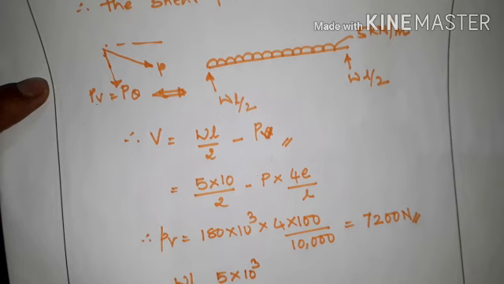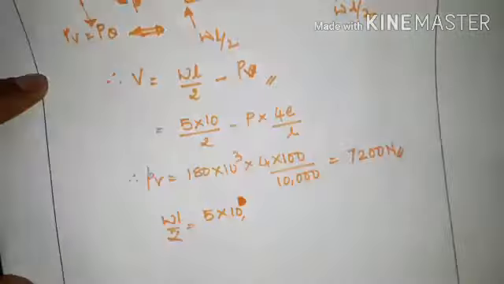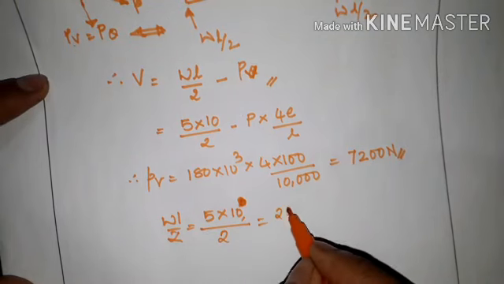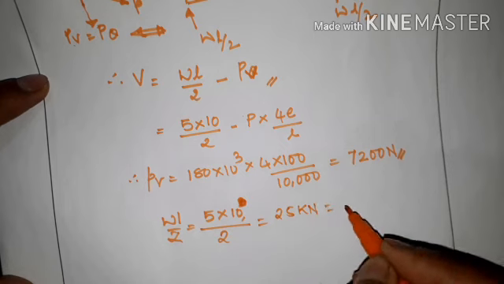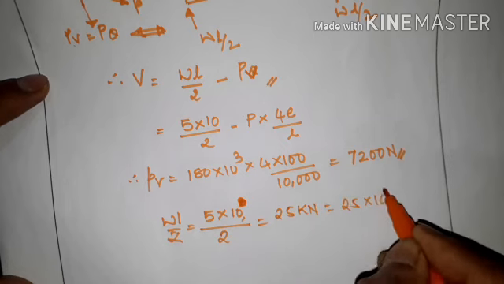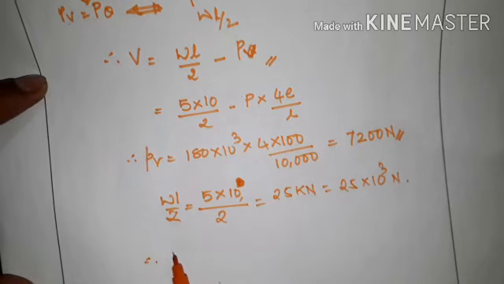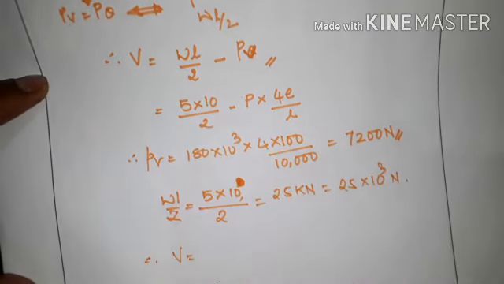So 5 into L by 2, L is 10 meter, divided by 2, so it is 25 kilonewton or 25 into 10 raised to 3 Newton. Therefore the shear is WL by 2 minus PV. So WL by 2 is 25 into 10 raised to 3 minus 7,200.